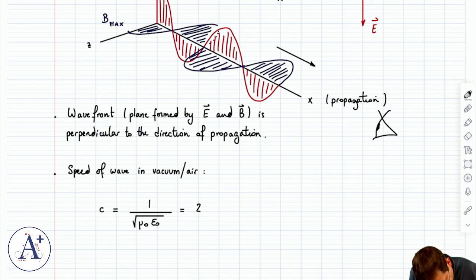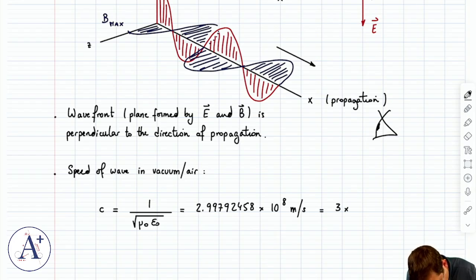And that's 2.9979 and a whole bunch of other digits, so 2458, whatever, times 10 to the 8 meters per second. That's way too much to remember. We're going to call it 3 times 10 to the 8 meters per second, and we're going to be pretty happy with that.